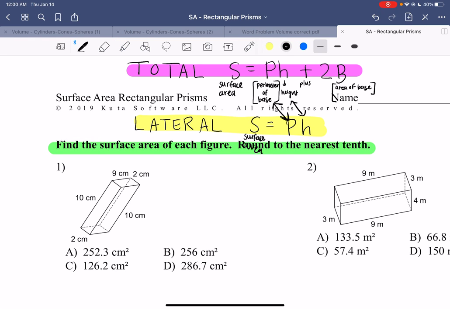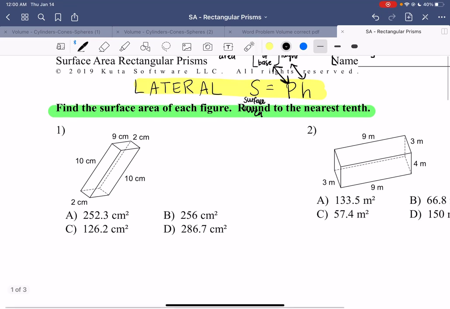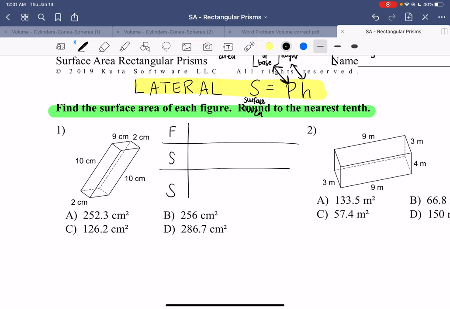So we have our shape here, and in order to find this, I'm going to start by writing my formula out. So I have formula, substitute, solve. So what we have here is surface area. When they say surface area, they're always going to mean total, unless they clarify that it's just lateral.